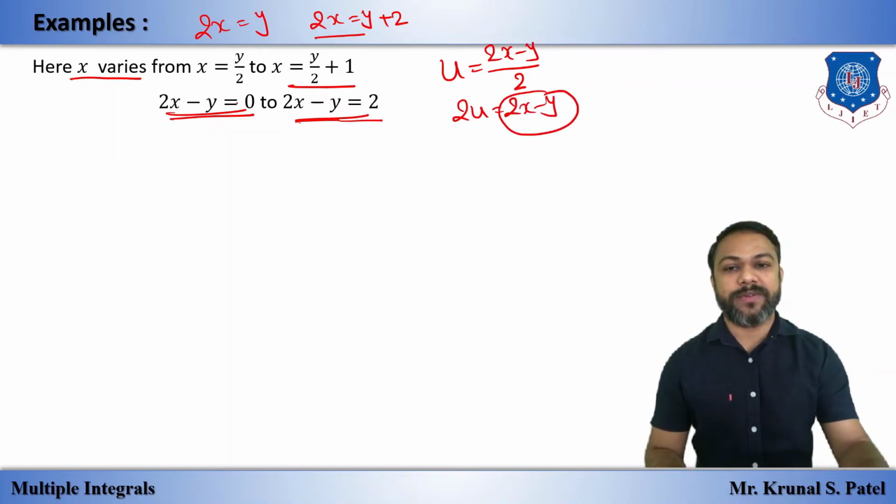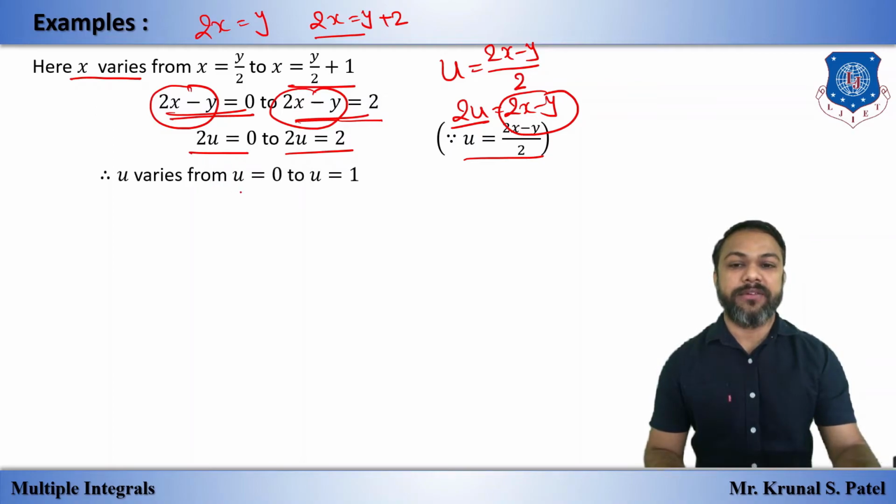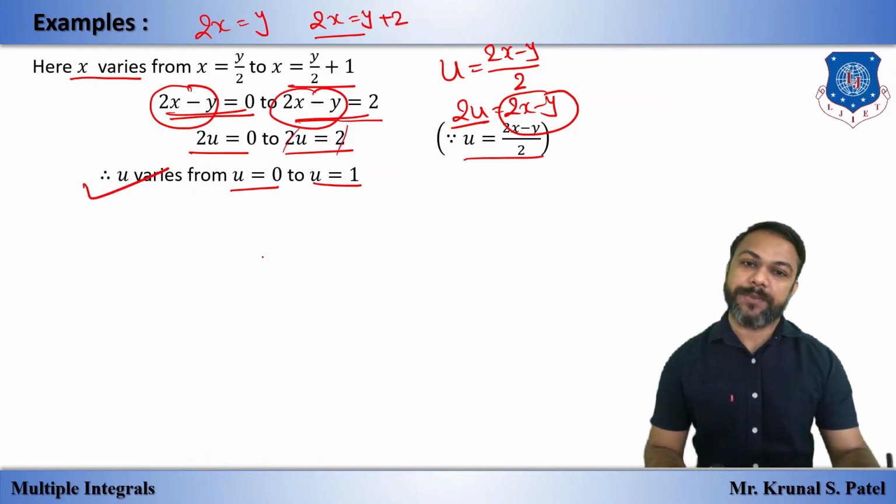So 2x - y is common here, and we can put 2u instead. So 2u = 0 and 2u = 2. Cancelling the 2, we have u = 0, and u = 1. So the limit of u is 0 to 1.